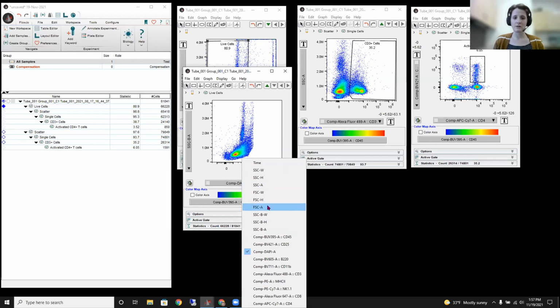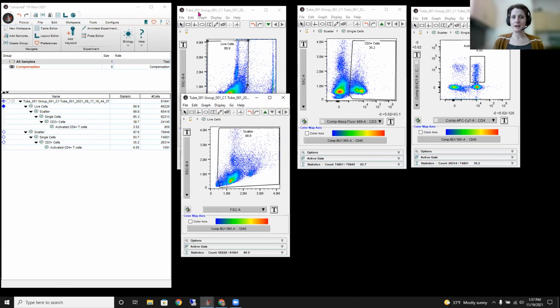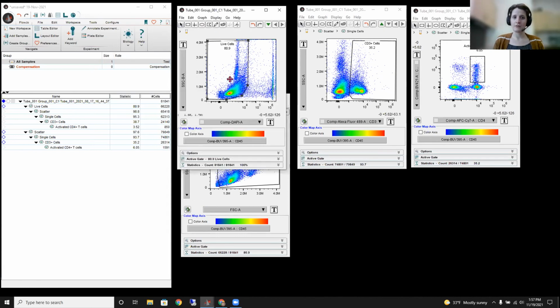We're going to make sure everything looks okay. So we're going to go to forward scatter and side scatter blue. And what we see here is this pattern actually looks pretty different, right? So we do have a difference in where we see our cells that are live.